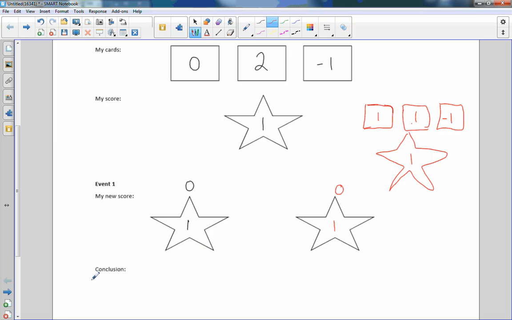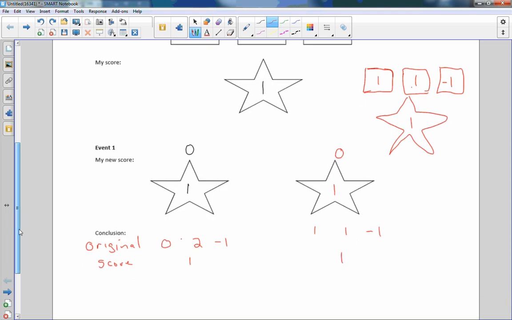So now I have this conclusion. First we start with the original. The original cards for person 1 were 0, 2, and -1, and the original score was 1. Over here it was 1, 1, -1, and their original score was 1 as well.